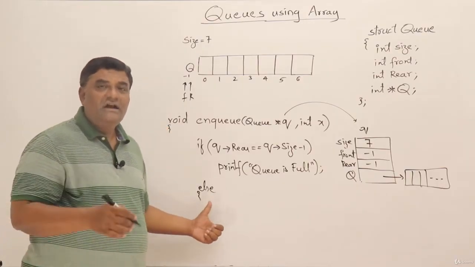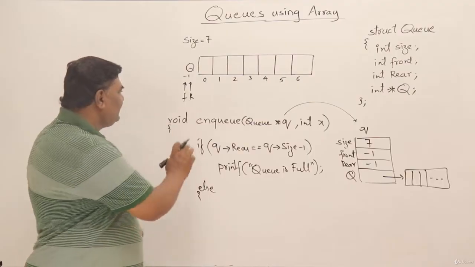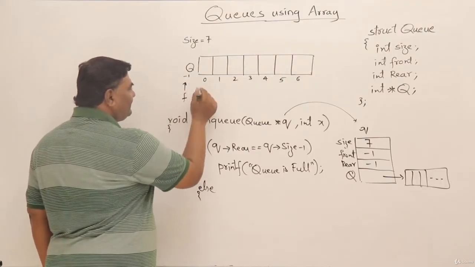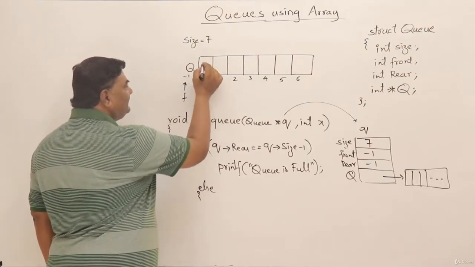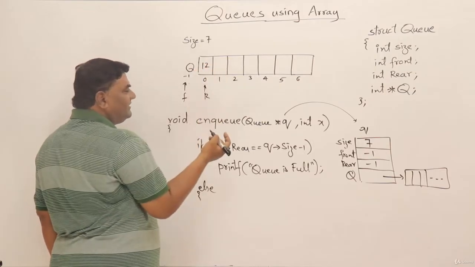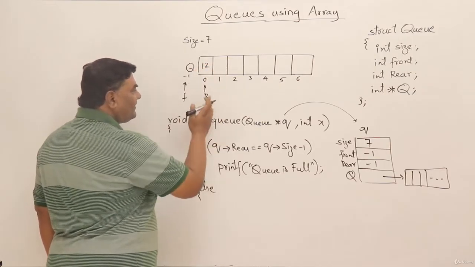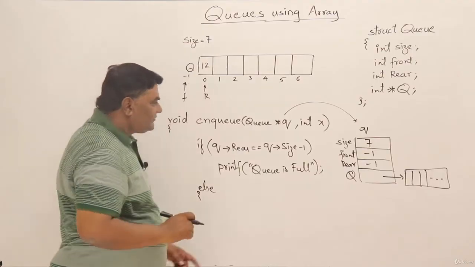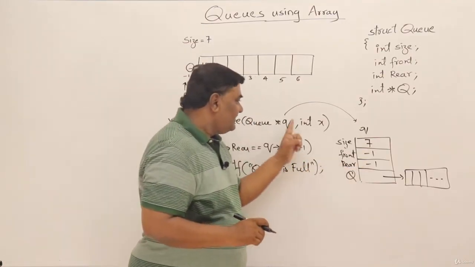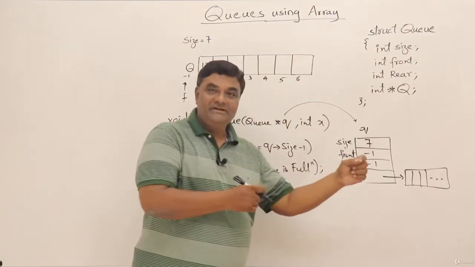If it is not full, then we can insert the element. So else, how to insert the element? We should move the rear pointer one step and then insert the element. That's it, the step is simple. Move rear and insert the element. So queue's rear plus plus.